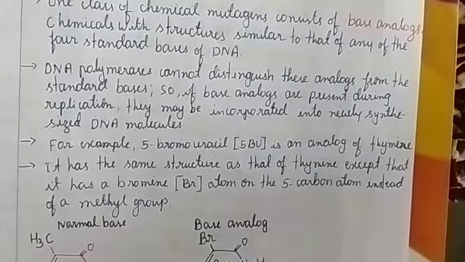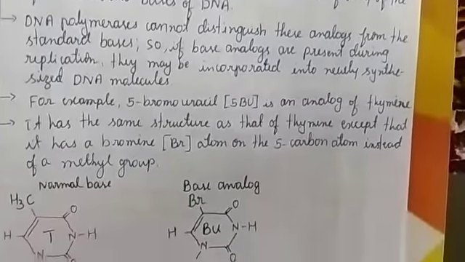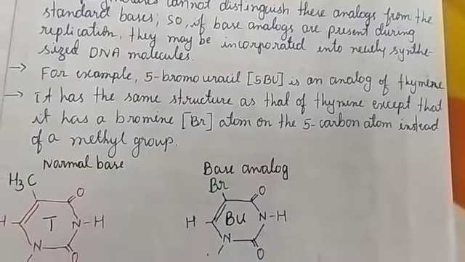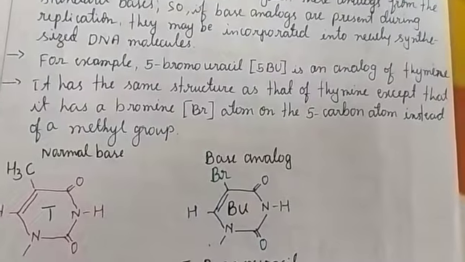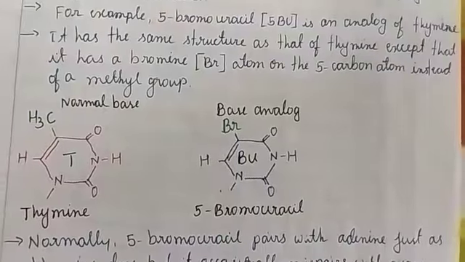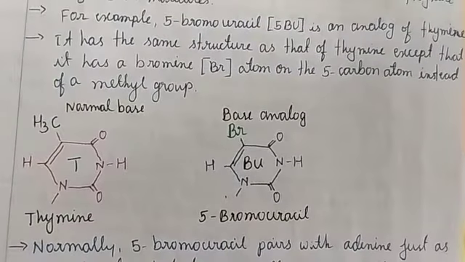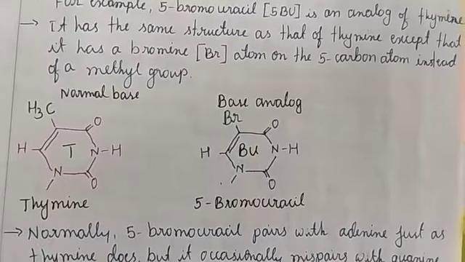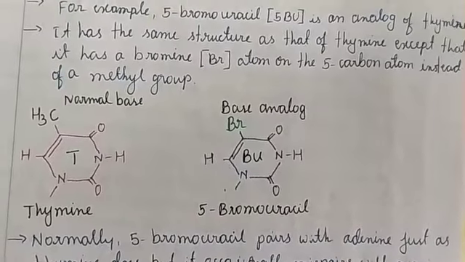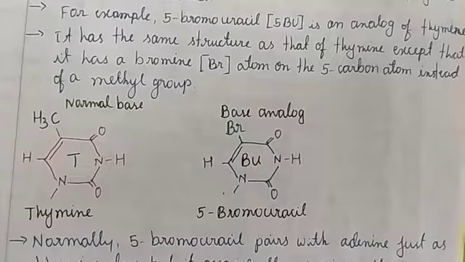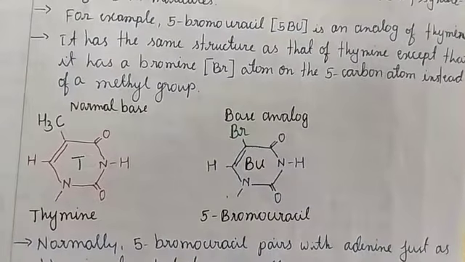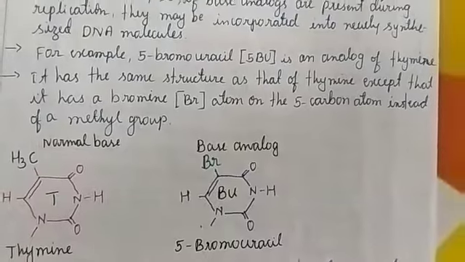For example, bromouracil is an analog of thymine. You can see here the structure of the normal base thymine, and the base analog of thymine is bromouracil.